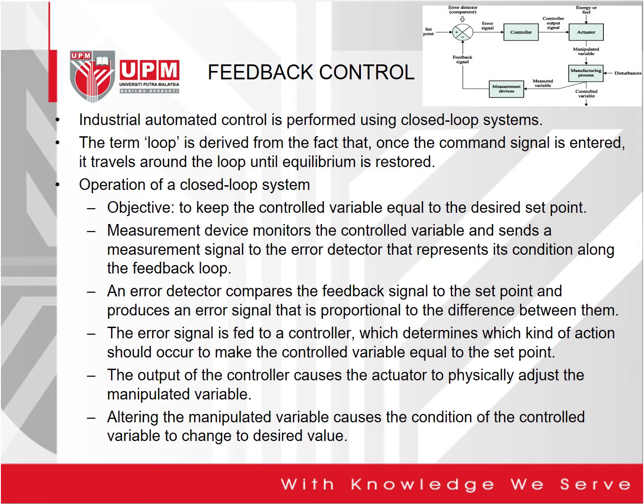We move to the feedback control after introducing the open loop and closed loop control. This is still under the closed loop control, because under closed loop control you can find the feedback signal. That's why we introduce the feedback control. Industrial automated control is performed using closed loop systems.